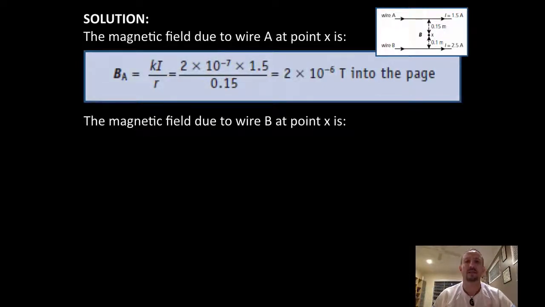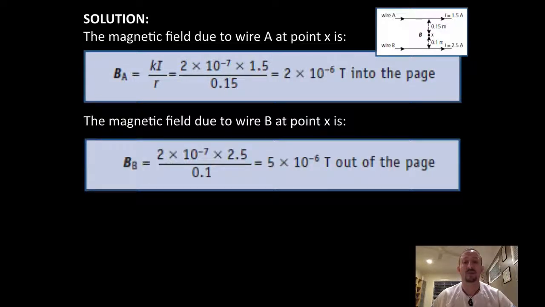Then we do exactly the same for wire B at point X, coming out of the page. We again know our magnetic constant, 2 times 10 to the negative 7. We know that our current is 2.5 amps, and we're 0.1 meters away from the wire, so our radius is 0.1. As a result, we get 5 times 10 to the negative 6 Tesla coming out of the page.